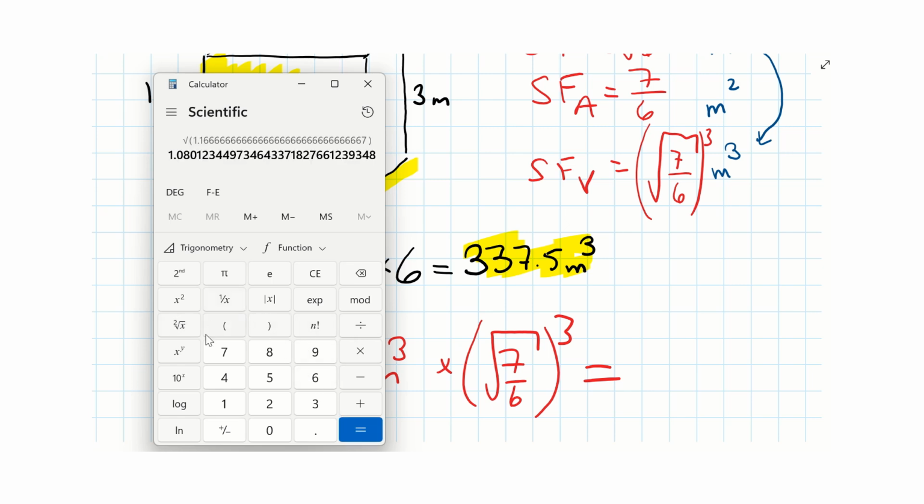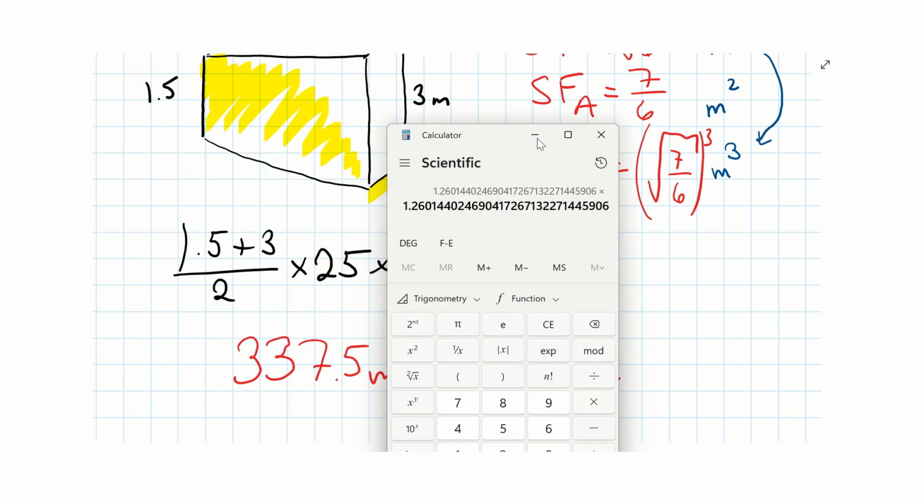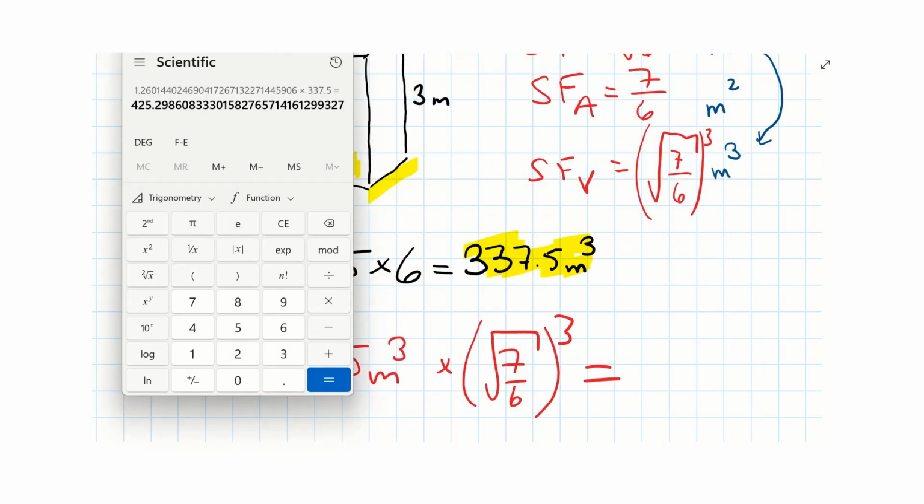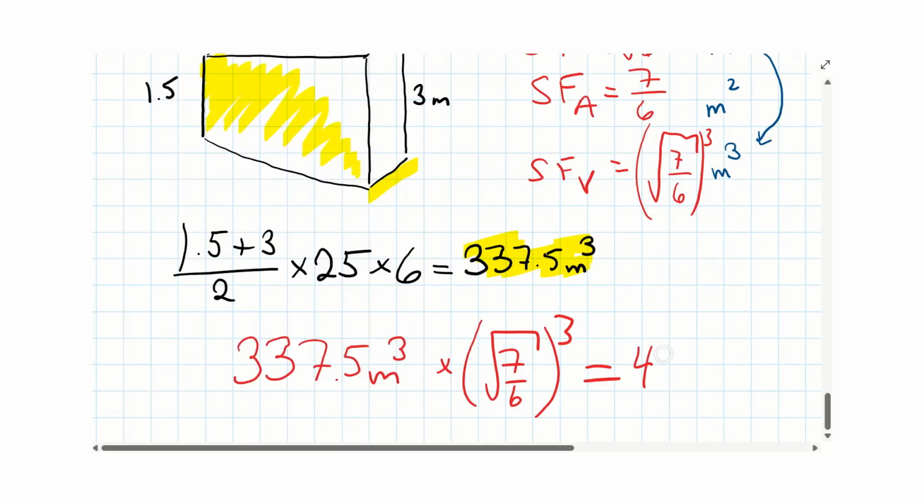And then we're going to do to the power of 3, and we're going to get that. We're going to multiply it by 337.5, which equals 425.30 meters cubed to two decimal places.